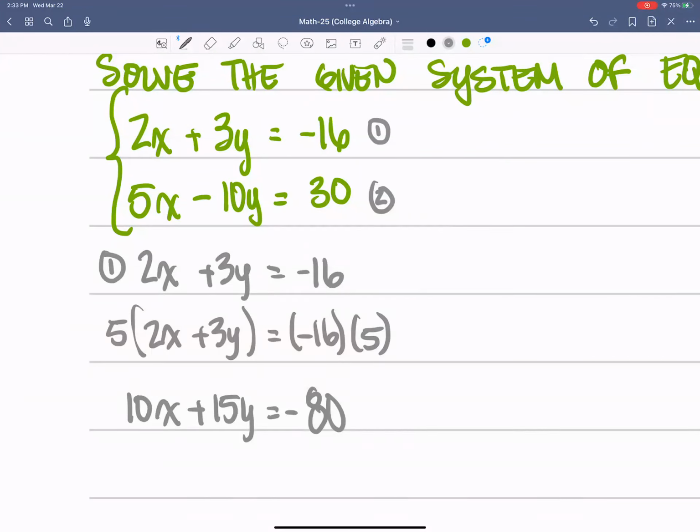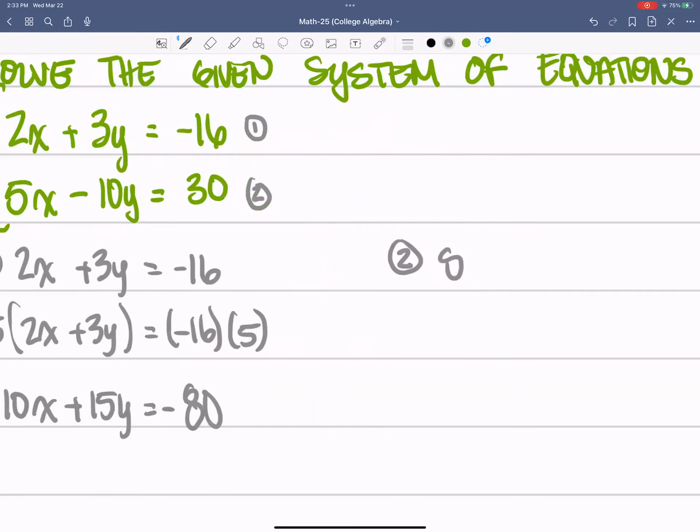Let's do the same thing, but this time we're going to multiply by a negative 2. Again, multiplying this by negative 2 gives us a negative 10 here. So that way when we add the negative 10 with the positive 10, it eliminates the x variable. So now equation 2. We have that 5x minus 10y is equal to 30.